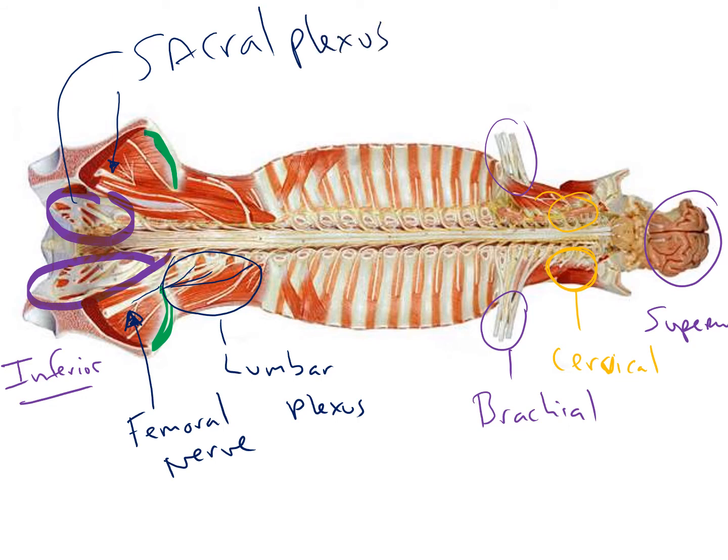In fact, you can begin to see the biggest nerve of the sacral plexus right there. That is the sciatic nerve, which we'll look at in more detail in just a second. So you can see the sciatic nerve a little bit more clearly now that I've erased a couple things.